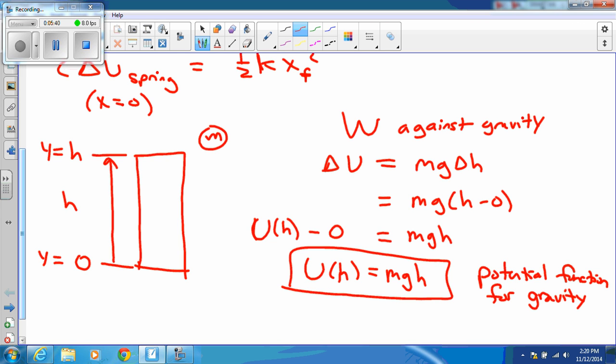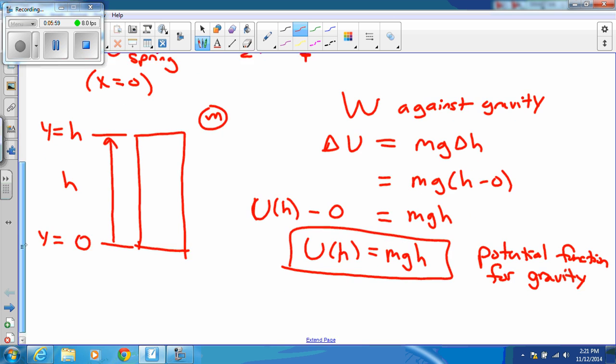What it gives us is the potential energy that an object has relative to wherever 0 is. And the choice of 0 is arbitrary.